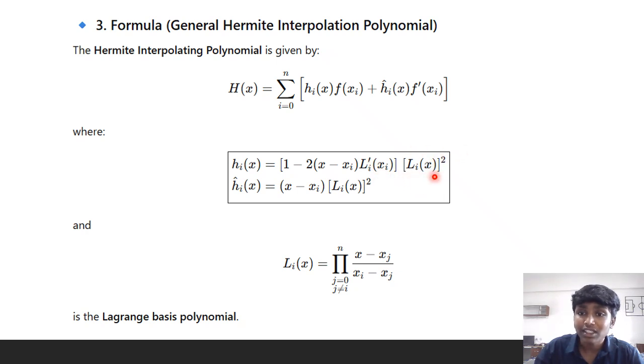Here li of x is known as the Lagrange basis polynomial, and we will talk about the Lagrange polynomial now. h cap i of x equals x minus xi times the Lagrange polynomial whole square. And the Lagrange basis polynomial we get as the product of x minus xj by xi minus xj, for j not equal to i, up to n.